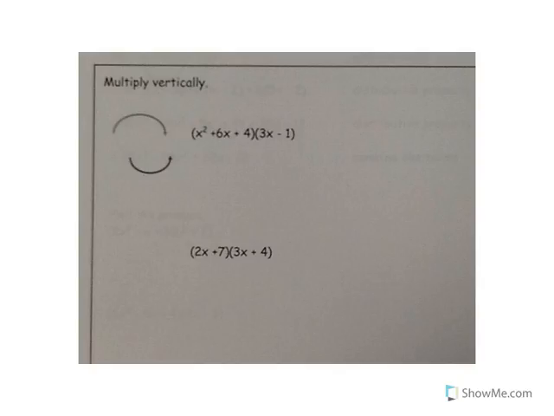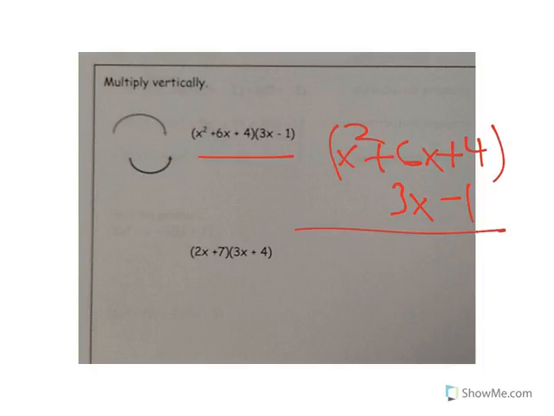I'm going to do this one here. So it's going to be x squared plus 6x plus 4 times 3x minus 1. So negative 1 times 4 is going to be negative 4.